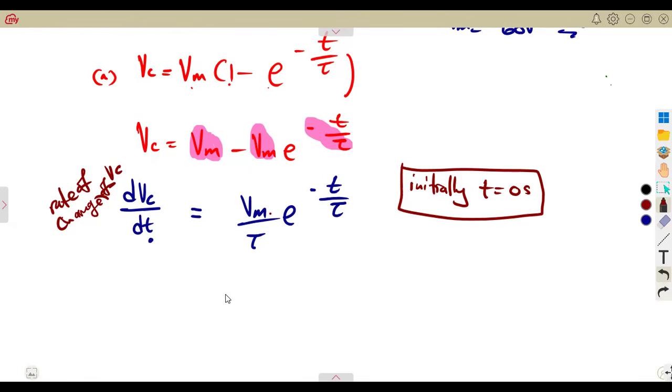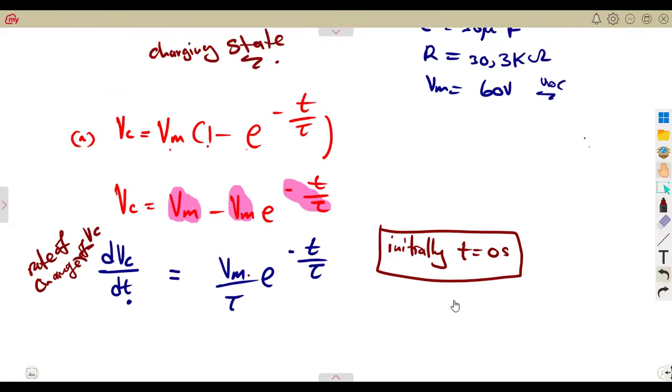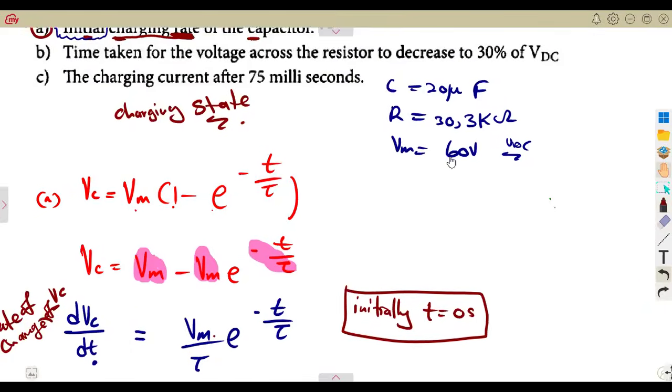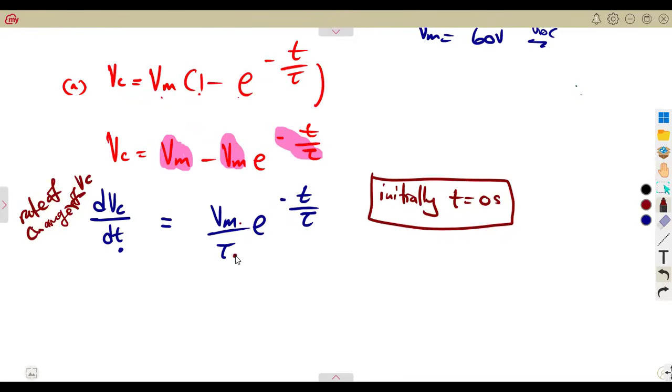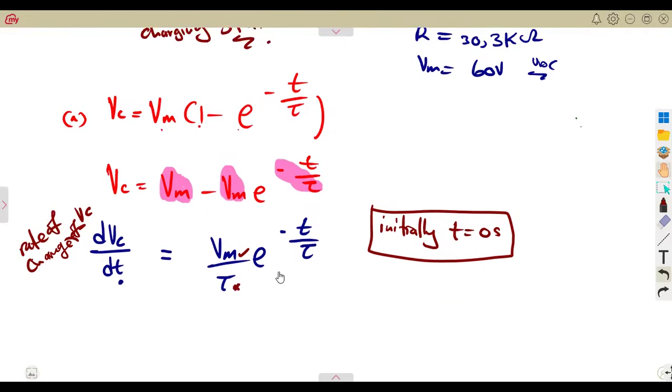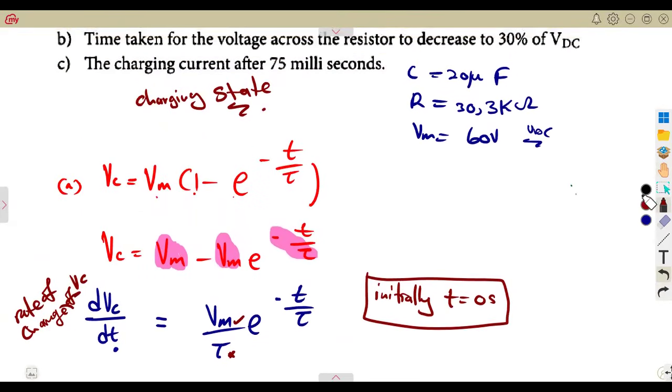So in place of time, we are covered. What about Vm? Do we have that? Vm, remember we're given, that's our VDC. What about tau? Do we have that tau? We do not have it. So Vm is there, but we do not have the tau. So you're supposed to find tau. It's an RC circuit, so tau can be calculated. The time constant of an RC circuit is R times C. So that's our tau, resistance times capacitance.